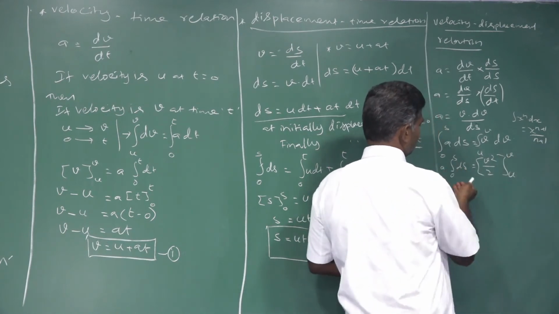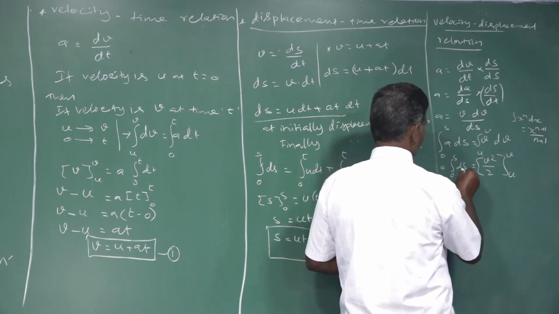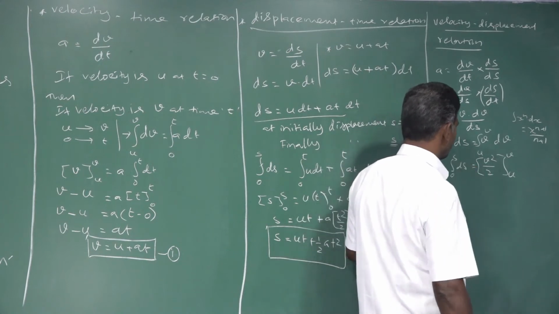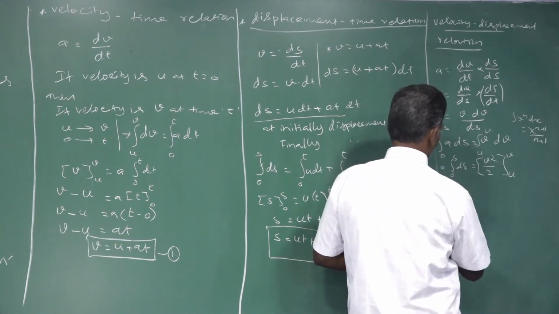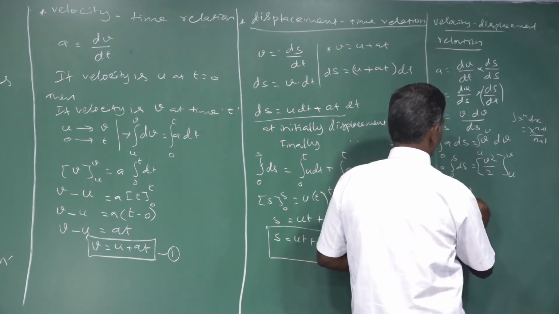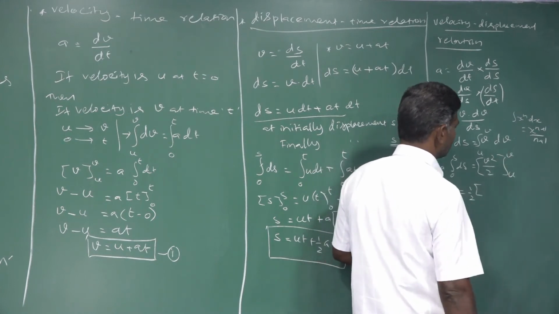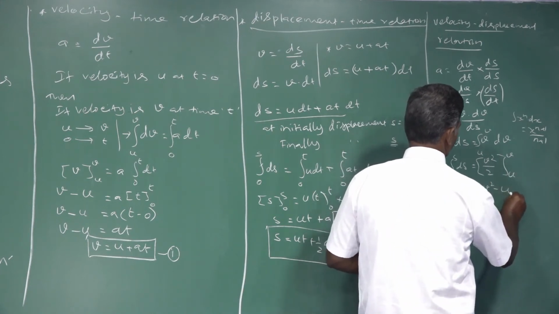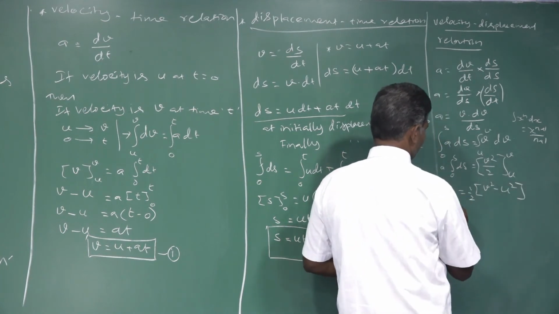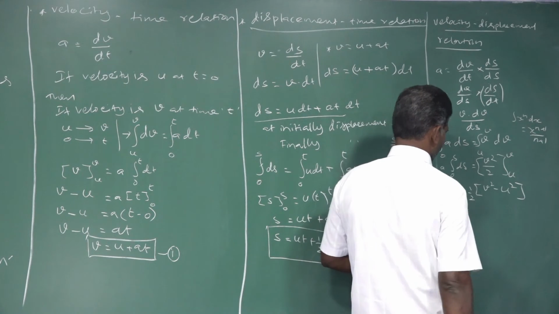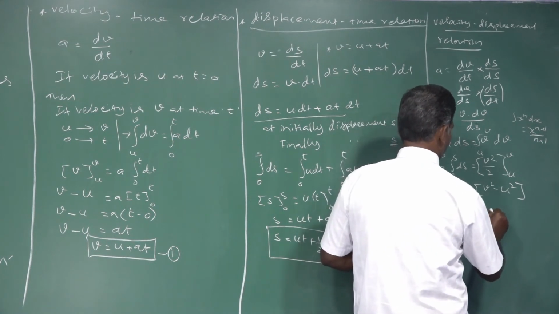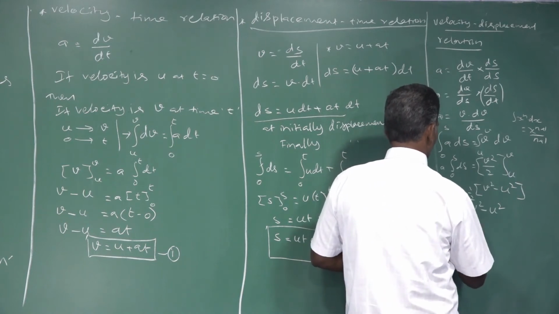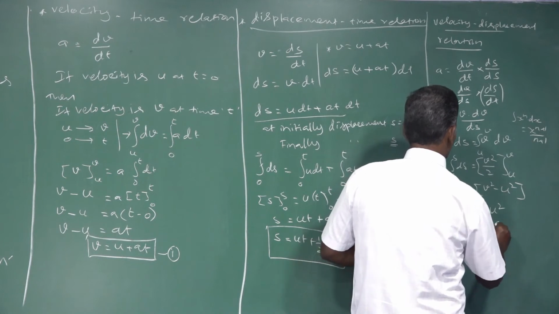Next, the left side we simplify: a into the integration, differentiation cancels, and s only, with limitation 0 to s. So a s is equal to 1 by 2, upper limitation v, so v squared, lower limitation u, so v squared minus u squared. Then taking the 2 across, 2as is equal to v squared minus u squared. Rearranging, v squared is equal to u squared plus 2as.